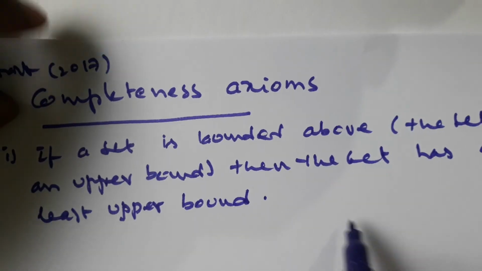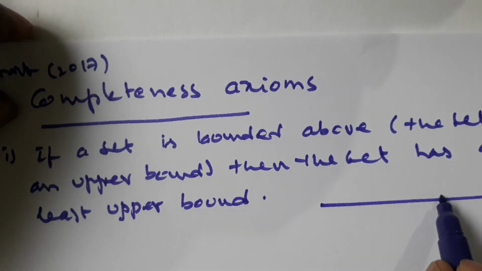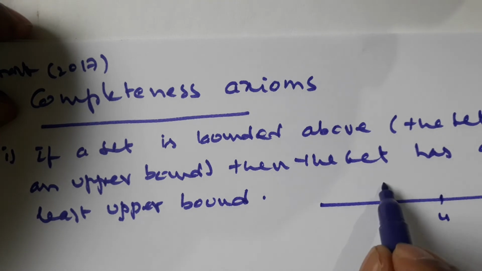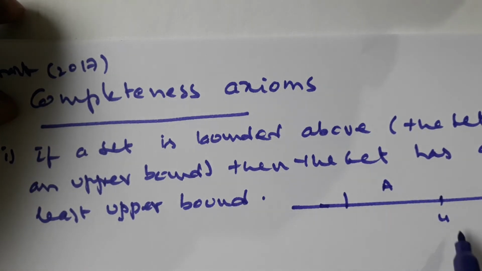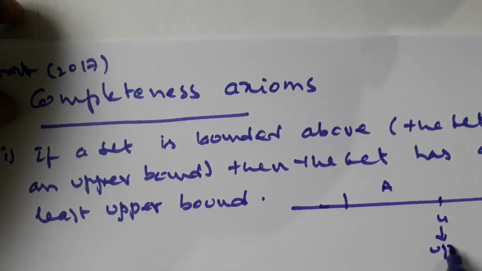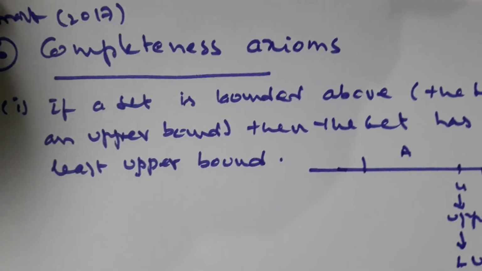Suppose any set A having an upper bound is there, then it must have a least upper bound. If a set has an upper bound or is bounded above, then that set must have the least upper bound. This is the completeness axiom.